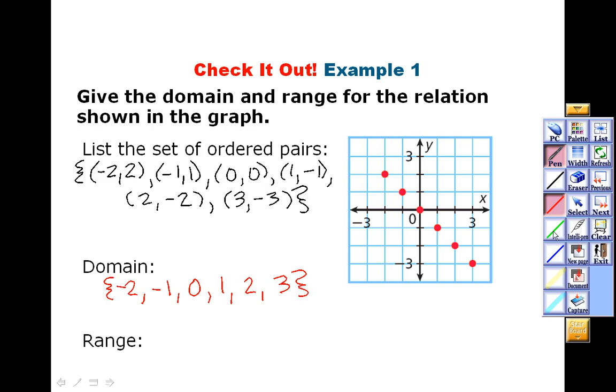And our range is all of the y values. So again, smallest to biggest: -3, -2, -1, 0, 1, 2.